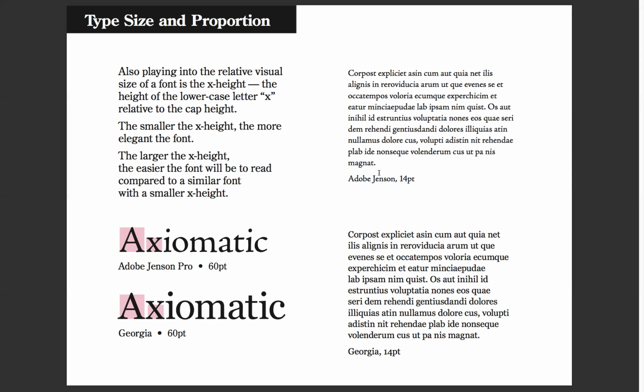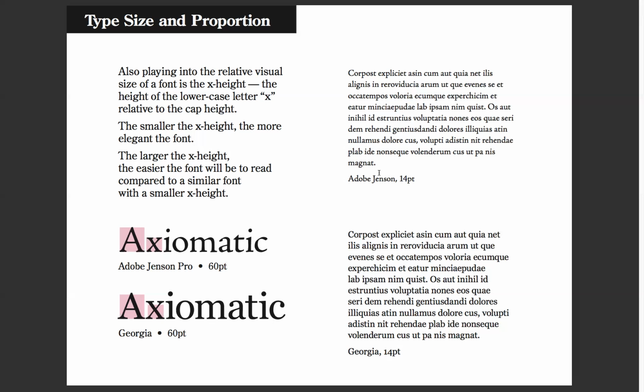And you can see, even though these are both 60-point, that Georgia looks a lot larger than Jensen, because this X height is so much taller. Does that make sense?